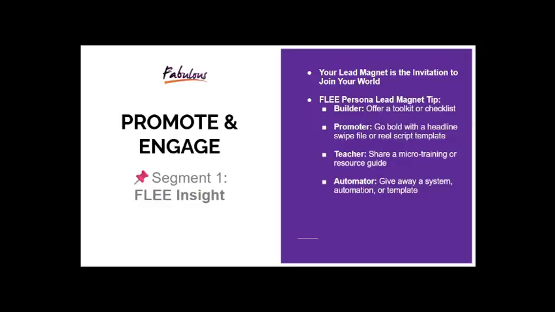As a promoter persona, a great lead magnet for you is to go bold with a headline swipe file or a real script template. As a teacher persona, a great lead magnet for you is to share a micro training or some sort of resource guide. And as an automator, you might want to think about giving away a system or some sort of automation or a template.